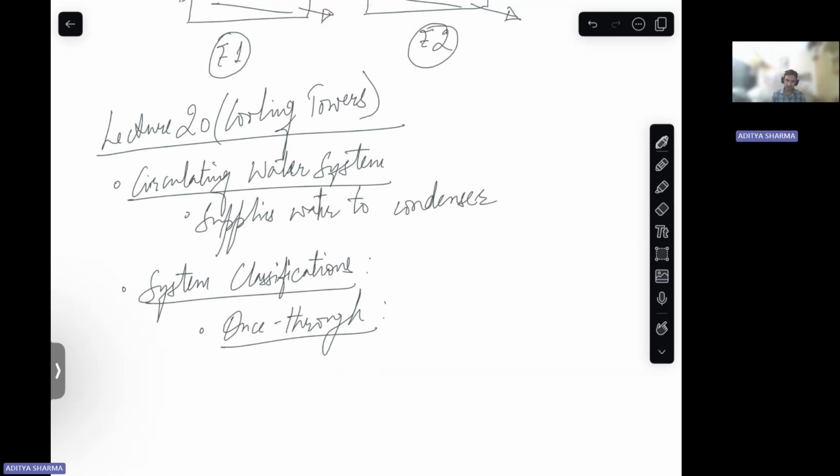It condenses the steam, gets heated up, and then is released back to that same natural body from where it had been lifted. So this is once through. There is no closed loop. It is not like the same water that has entered the condenser is exiting and then again entering the condenser. So this is once through.